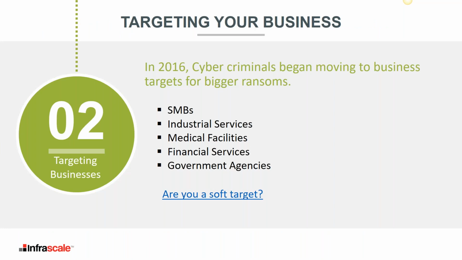Now, targeting your business. For a long time, really for my entire career up until 2015, the small and medium business community was fairly safe as long as you practiced safe browsing habits and didn't answer personal emails. If you're just doing your work, for the most part, you're not going to get any malware on the machines.